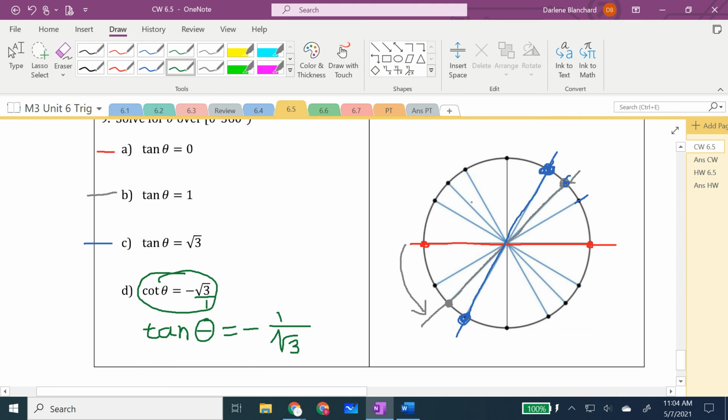When tangent has a negative slope, that means I'm dealing with one of these three lines. This one is my slope of negative 1.